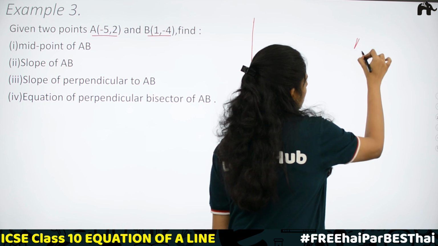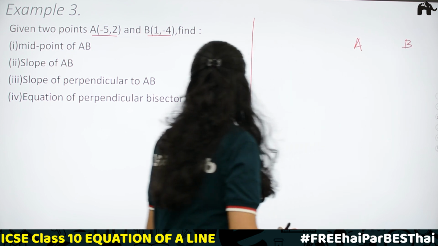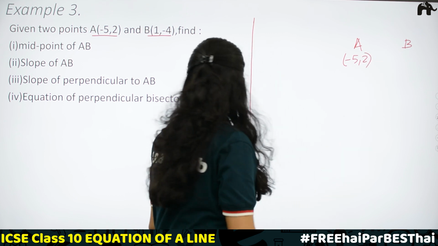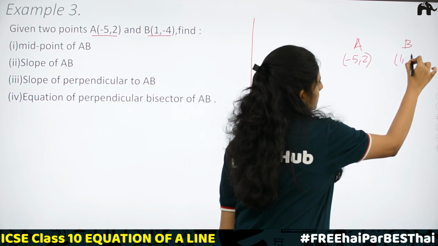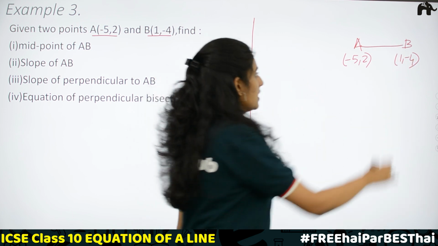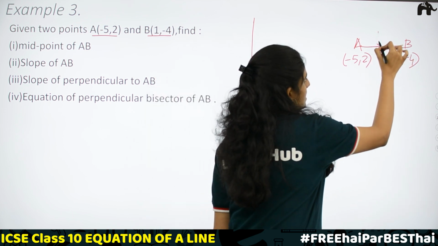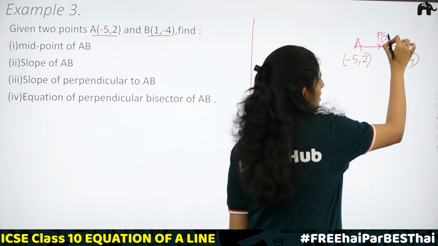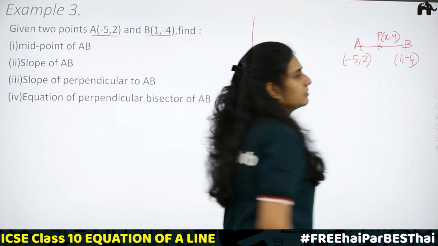How to find the midpoint? In the previous chapter, we have discussed this. Here we have 2 points A and B. The coordinates of A are minus 5, 2 and that of B are 1, minus 4. This is a line connecting A and B. Now, let us take this point P, which is the midpoint of AB, with coordinates x, y.